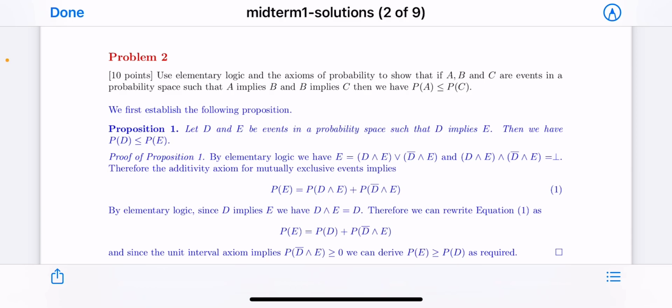I'm thinking, whoever wrote this question is trying to confuse me by throwing in this intermediate event B, and I'm going to clarify things by solving the question exactly as I would if it didn't have this extra confusion thrown in. So I'm just going to say, all right, give me events D and E such that D implies E. Then I'm going to prove that probability of D is less than or equal to probability of E. Okay, so now I say by elementary logic, a bunch of symbols happen.